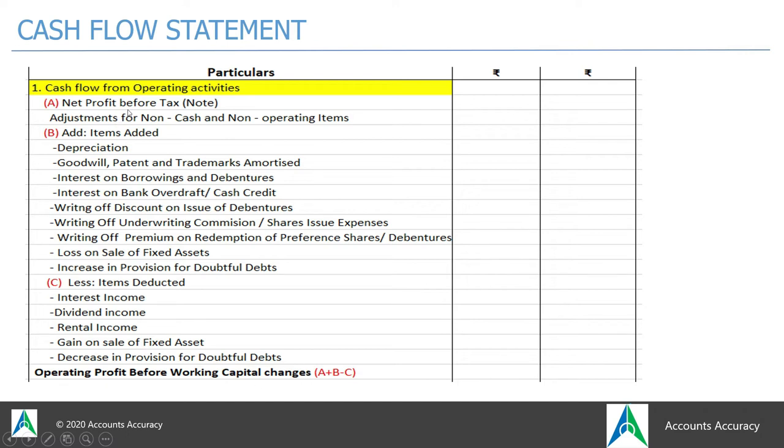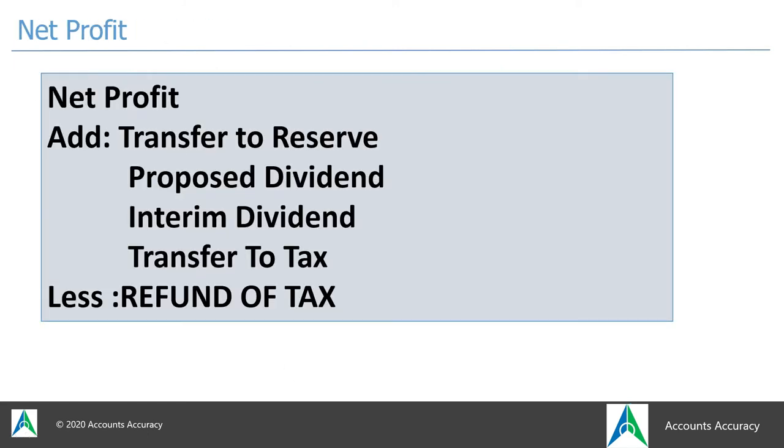But first of all, this net profit before tax calculation, which is done in the working note, is important to know, because once you know the exact amount of net profit, you mention it here, and only then can you get the real amount of operating profit before working capital changes. So let's see the first step, that is, calculation of net profit.